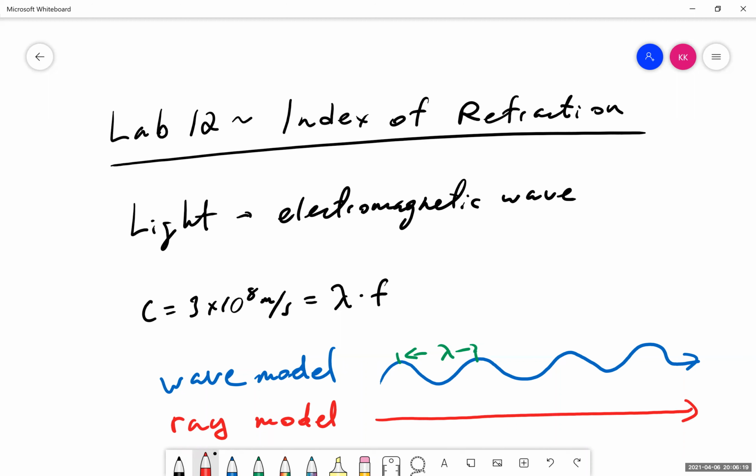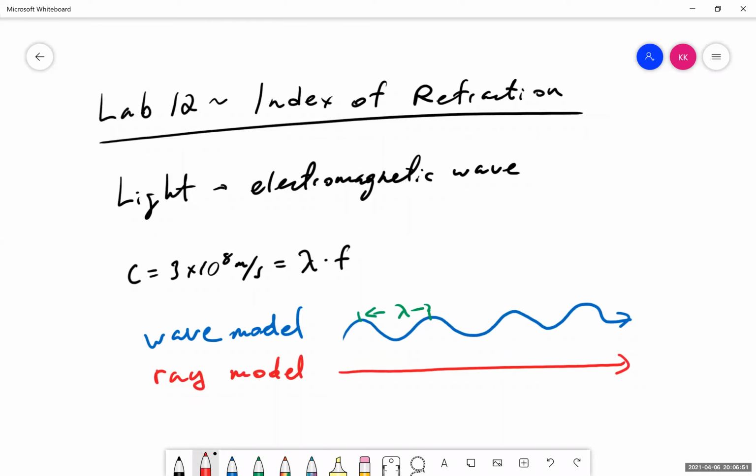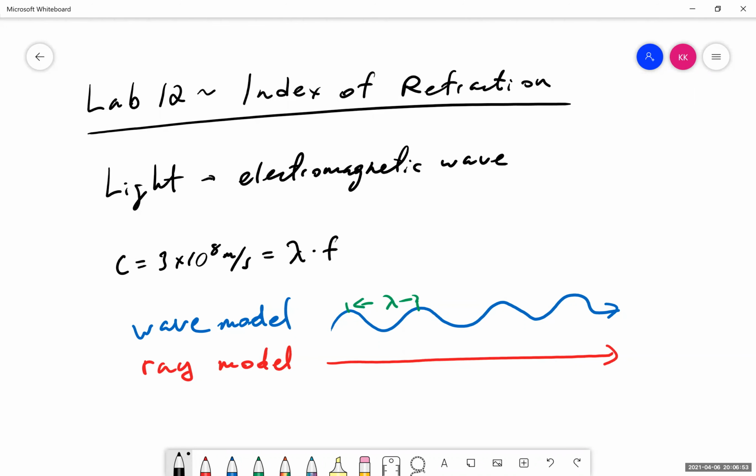This is a simple model that is very useful for lenses and mirrors, and whenever light is going from one medium to another, because it allows us to easily see how the light changes direction, so when it bends going from one medium to another. Using the ray model of light allows us to use geometrical properties of light and get some of the answers rather quickly.